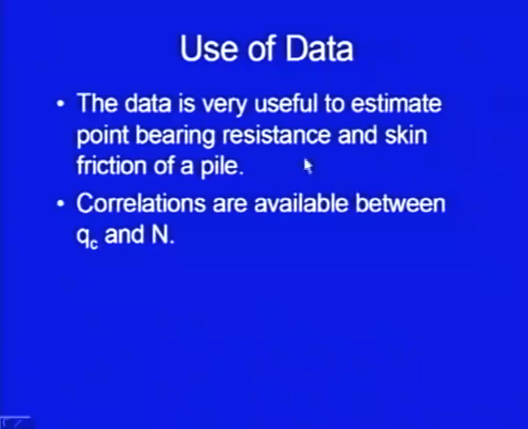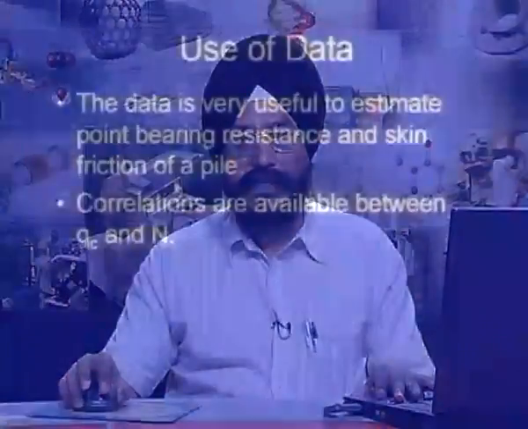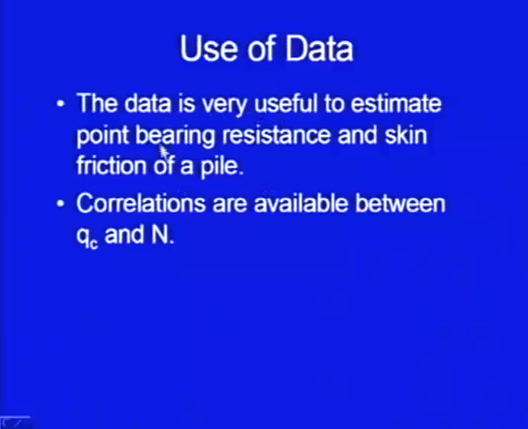This particular test is very useful in those cases. The data is very useful to estimate point bearing resistance, which is the resistance offered at the tip of the pile, and skin friction of a pile. Skin friction is at the sides. So, this test data is very useful.